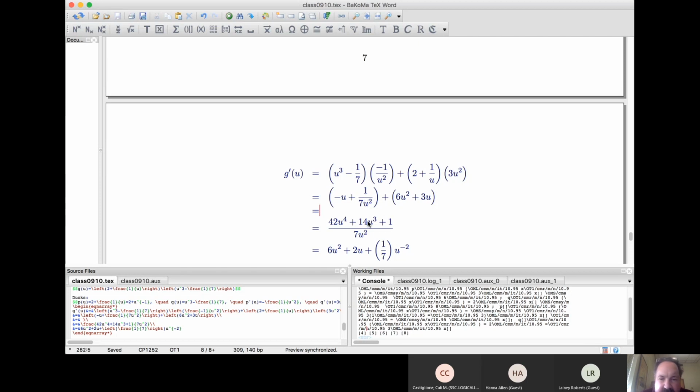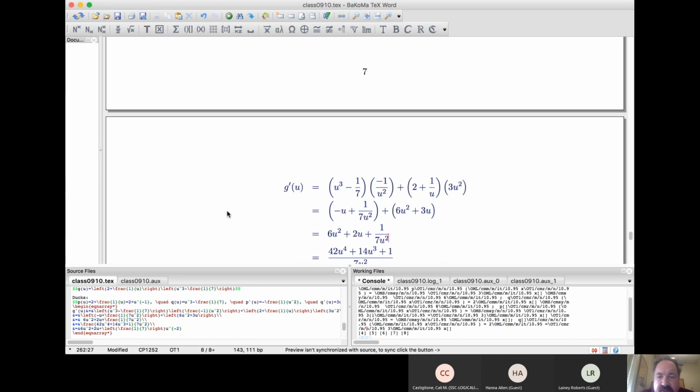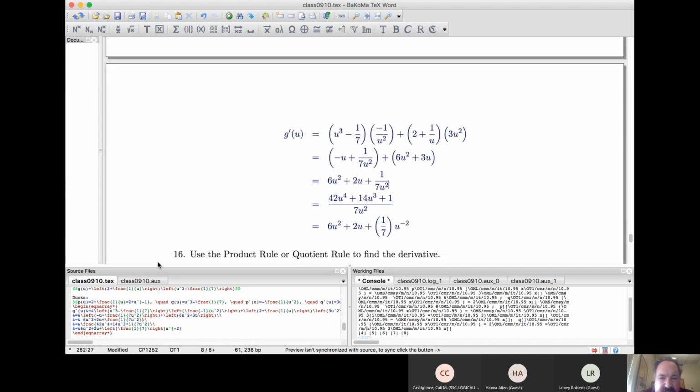So I have 6U squared, and then these terms combine to be plus 2U. Sorry, that should be a 6, not a 7. And then I have this last term of plus 1 over 7U squared.